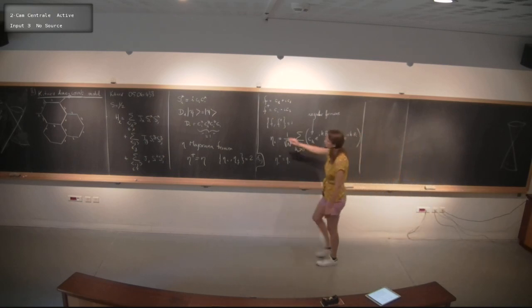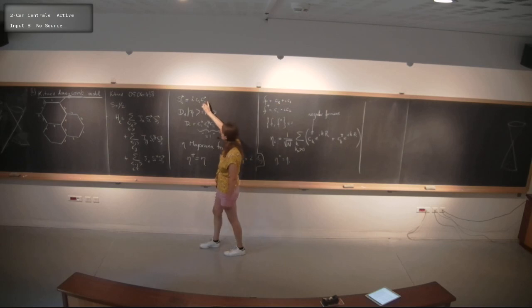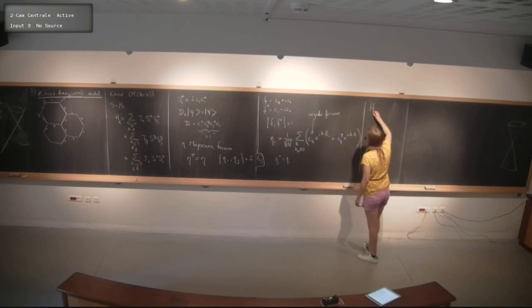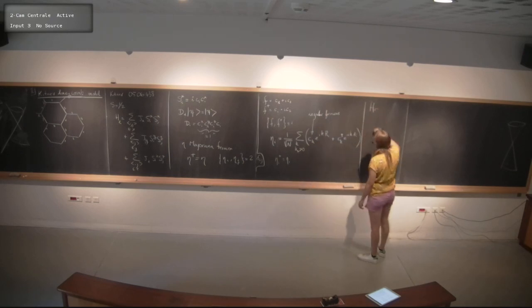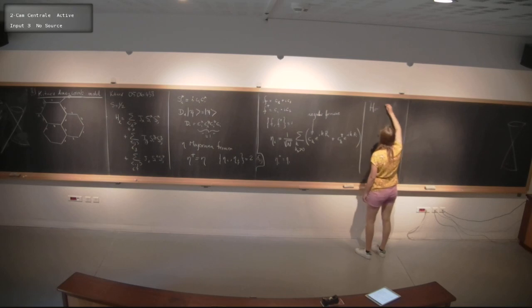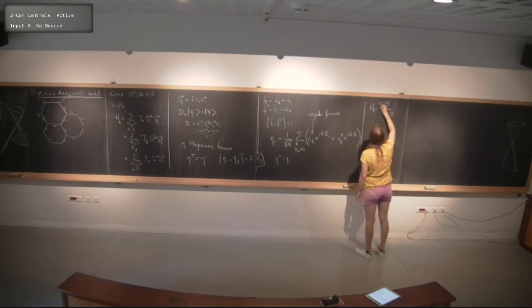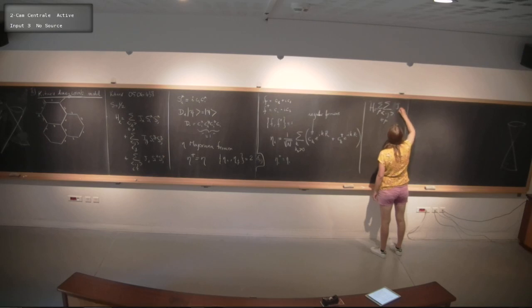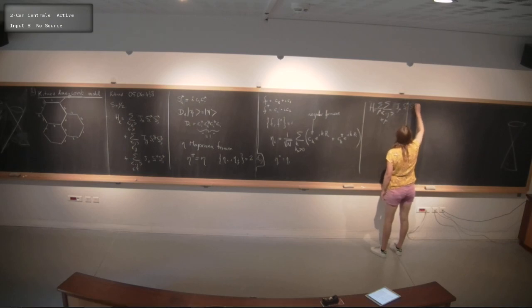if you plug this in, we like to plug our decompositions back into the Hamiltonian. So I'm going to rewrite the Hamiltonian in a shorter form, with the same abuse of notation: sum over mu of J_mu sigma_i^mu sigma_j^mu, okay?